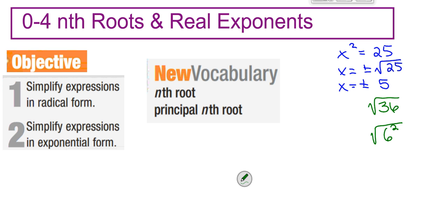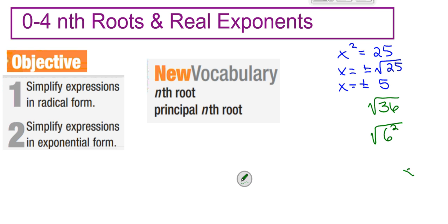And probably the word index is new to you. Maybe not. The index, because have you done the cube root? Just give me a head nod. Have you done the cube root of something and maybe the fourth root of something or other roots? So the index is the number that goes right here, and that tells us what root that is. And when it's a square root, we just don't write any number there. Do you agree? That's just the square root.